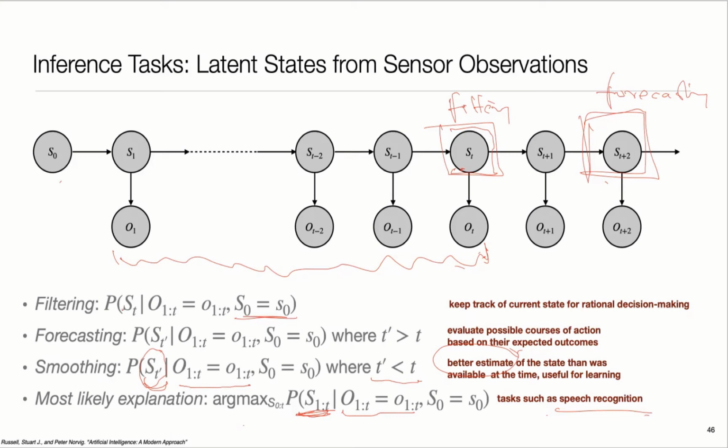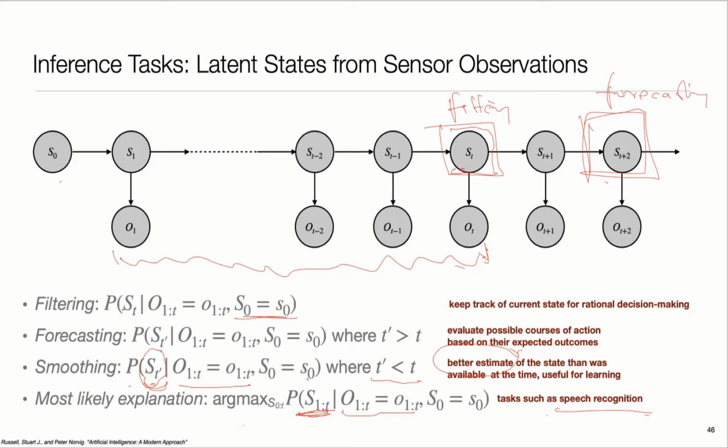Can I solve it by calculating which value of S1 gives the highest probability for this conditional probability, and likewise for S2 and likewise for S3, and then basically find the most likely value of S1 and then the most likely value of S2 and the most likely value of S3 and say, this is my most likely explanation?